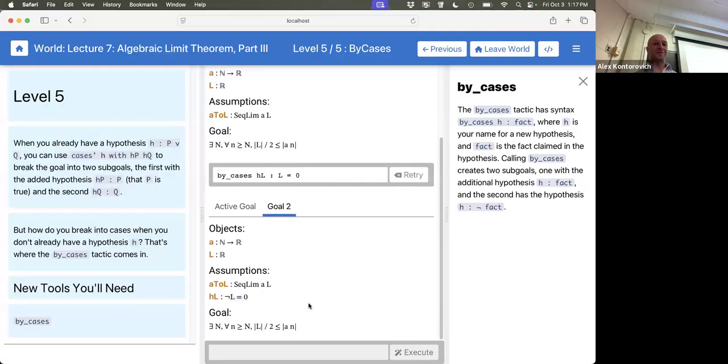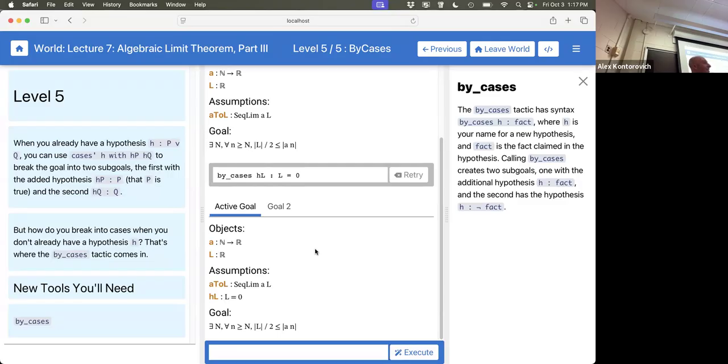Okay. Two questions. Is there a way to split up an and in a hypothesis? If I have an assumption that's an and? Yep, that's the dot notation. H.1 will give you the first part of the and, H.2 will give you the second part.